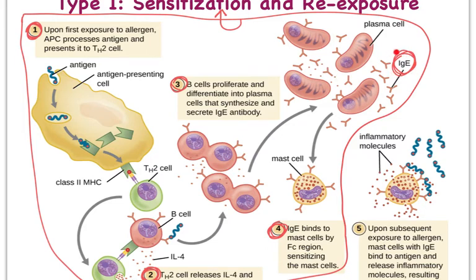Now, these immunoglobulin E molecules are then going to, with their Fc region, bind to receptors specific to the Fc region. So here of mast cells, or this could also be a basophil. Doesn't have to be a mast cell.